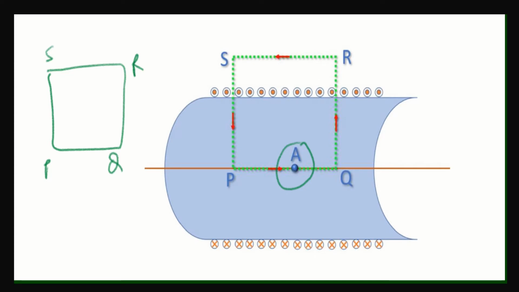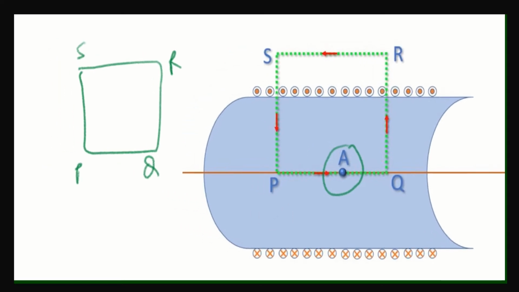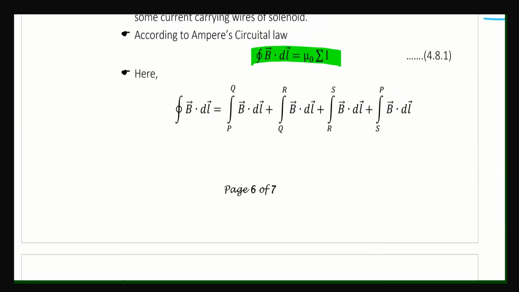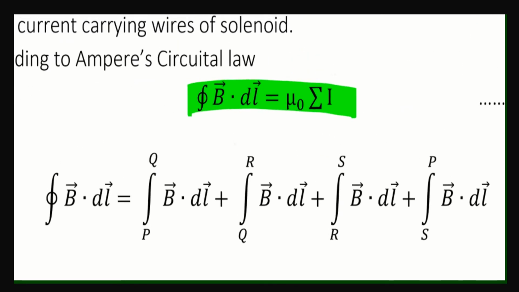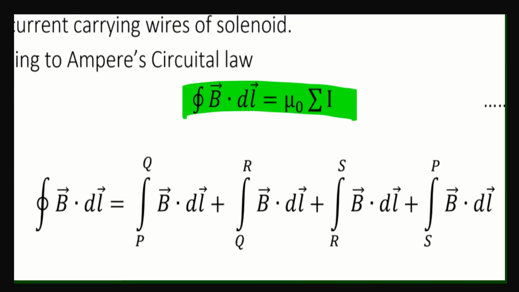So the first step for using Ampere's circuital law is to consider an Amperian loop. So where is our Amperian loop? PQRS.